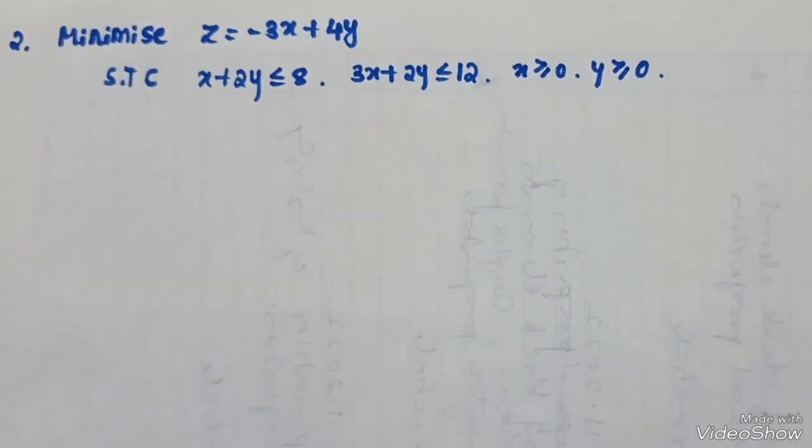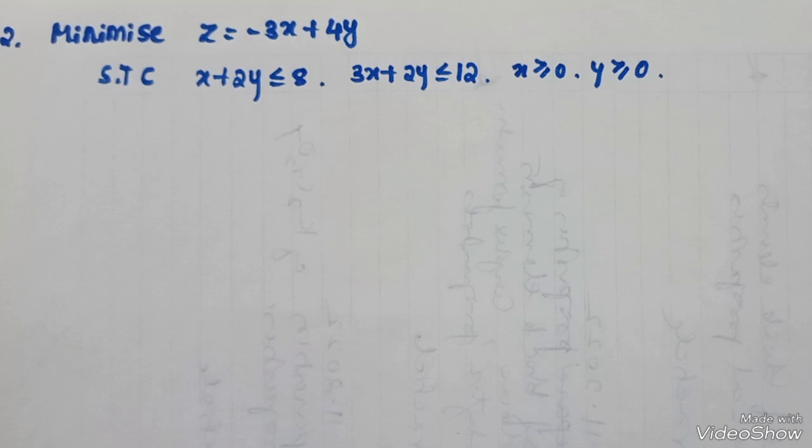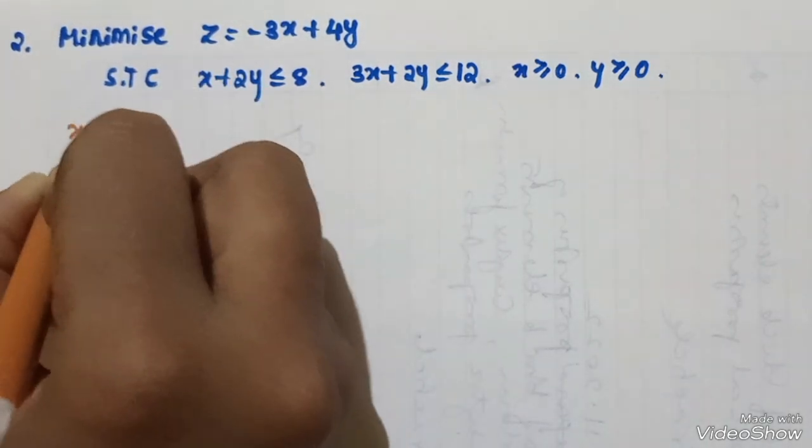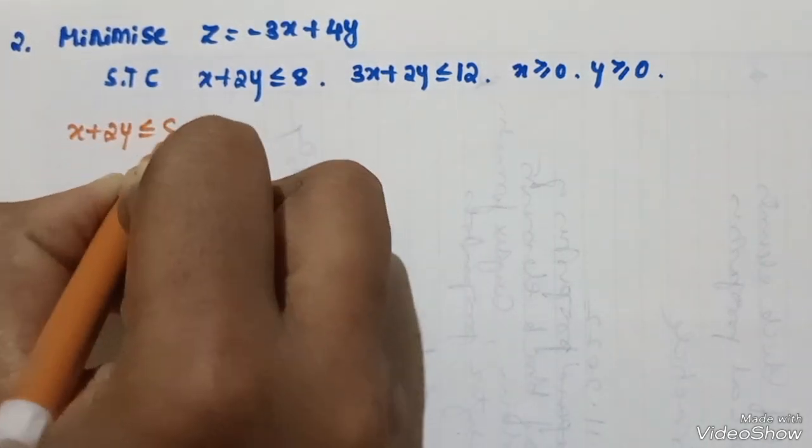We have to consider question number 2. Minimize objective function z equals minus 3x plus 4y subject to the constraints x plus 2y less than or equal to 8 and 3x plus 2y less than or equal to 12. First we take equation 1, x plus 2y less than or equal to 8.